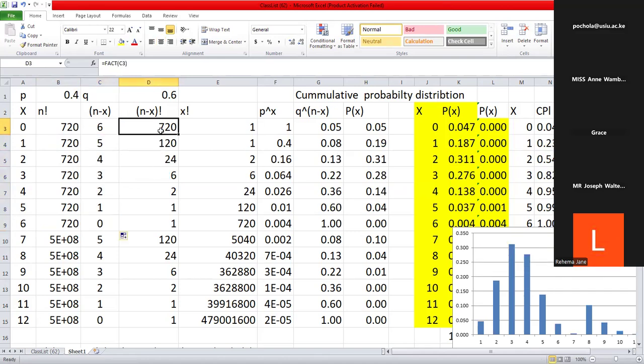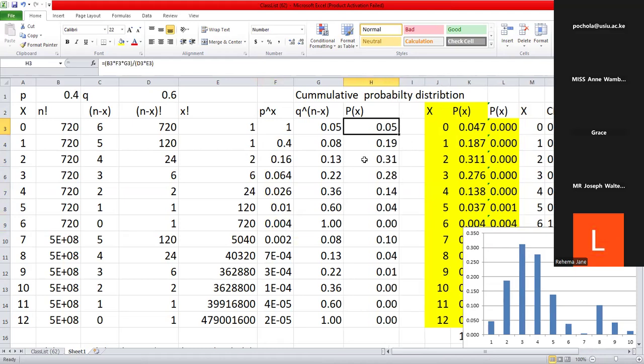And of course, this is N minus X factorial. And this is X factorial. This is P power X, okay. Then you have Q power N minus X. Good, which is the same. It's the same here. Then, of course, you have this. This is what you have, I can tell you. And we'll bring it here.